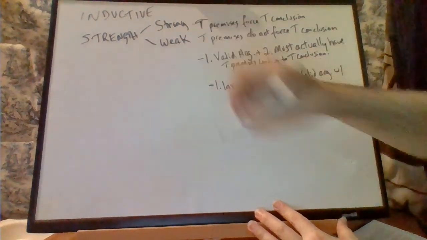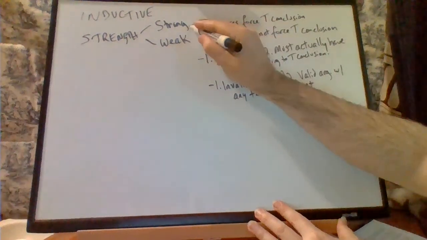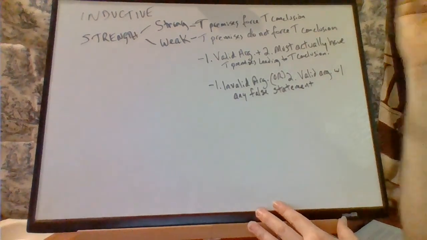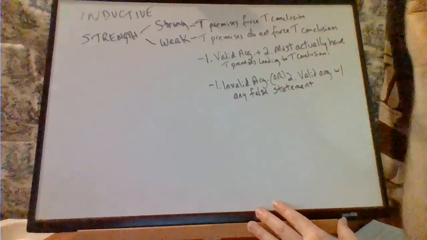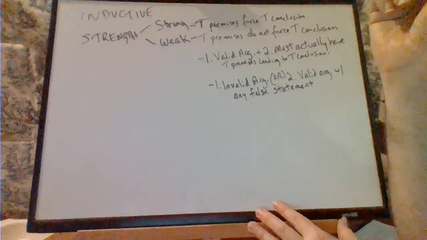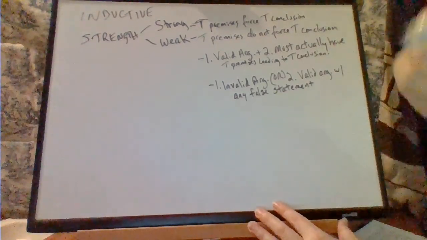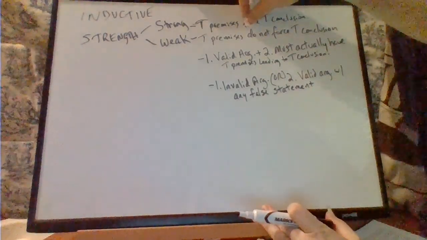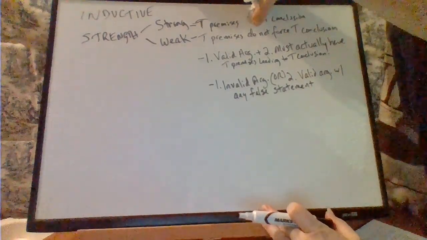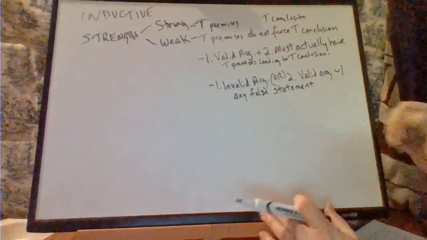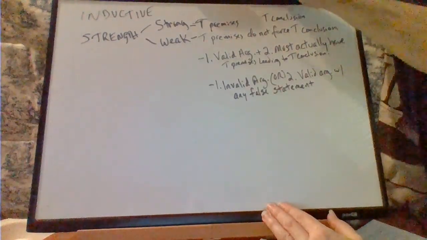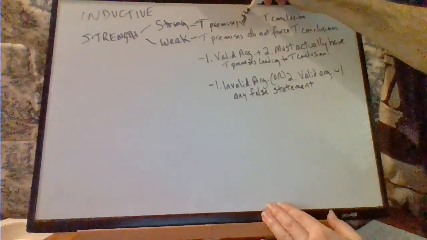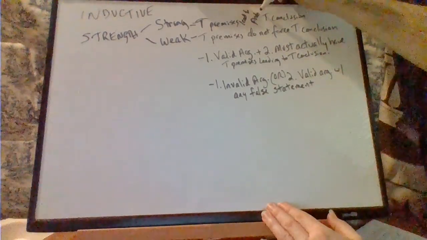Okay. Now, just like validity, with strength, you're not concerned with whether it's actually true or false. You start by assuming your premise is true. A strong argument is one in which true premises, they can't force it because it's not deduction, but true premises lead to a probably true conclusion. Okay.